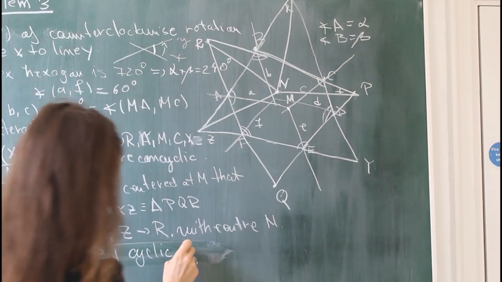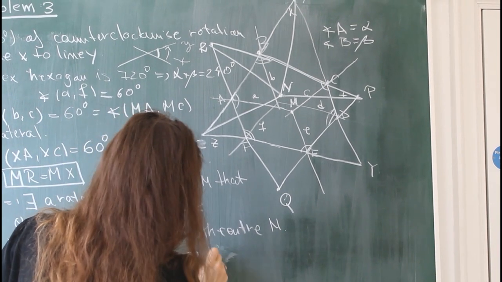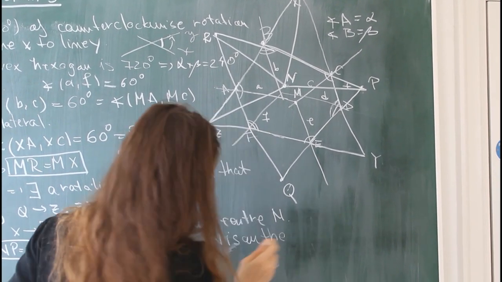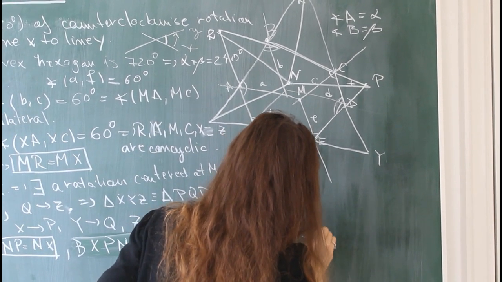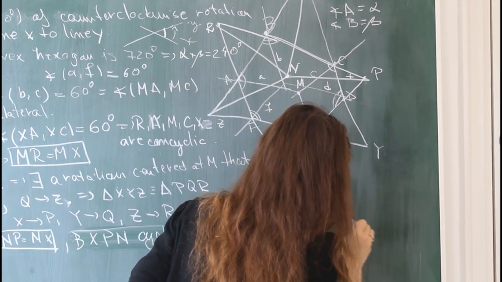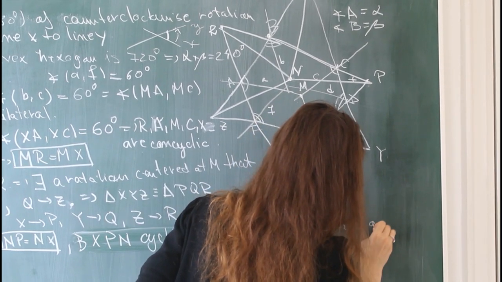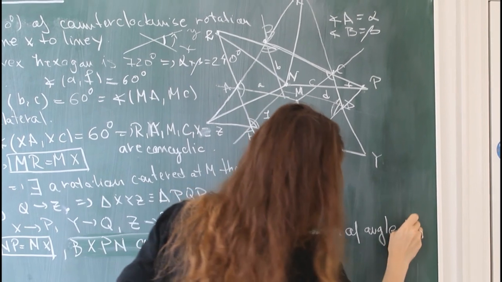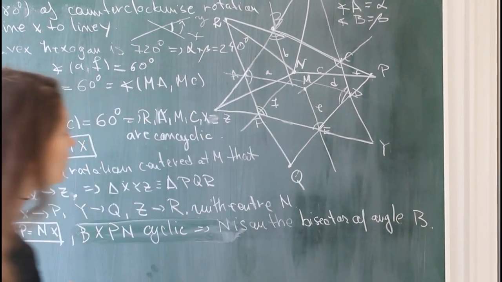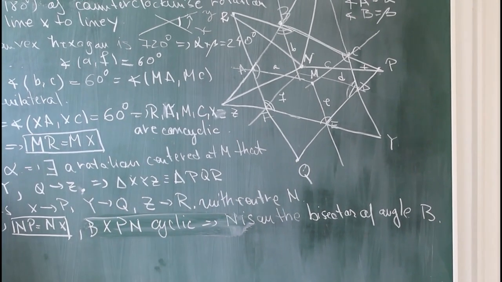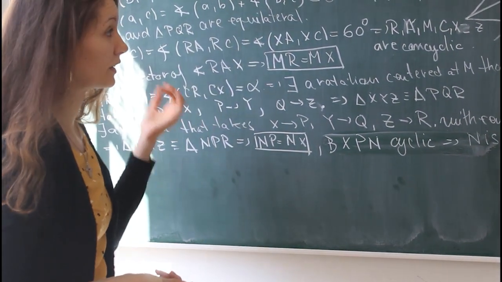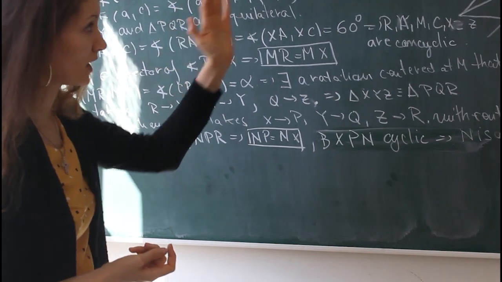Therefore, exactly as before, it follows that N is on the bisector of angle B. Note that it has to be on the inner bisector, because this rotation is a clockwise rotation.